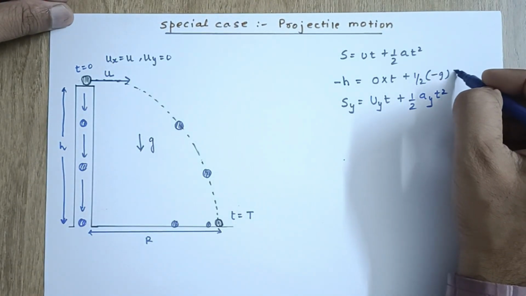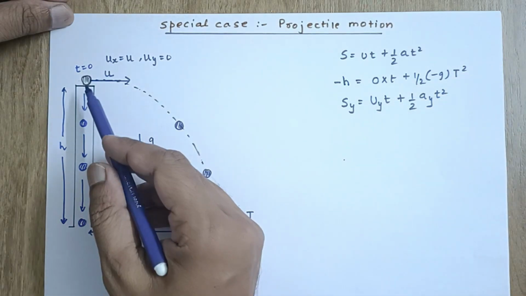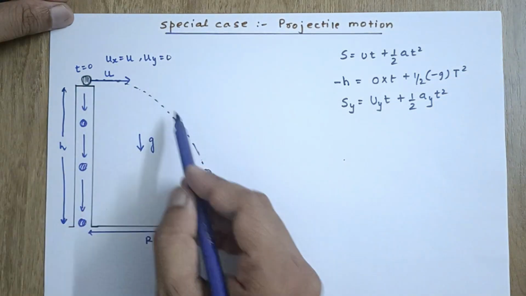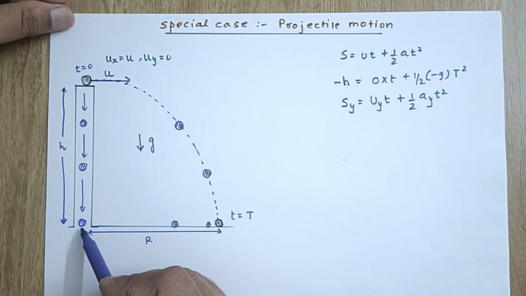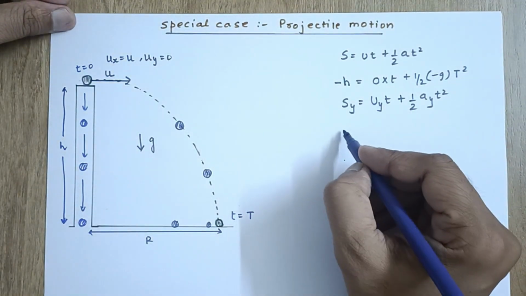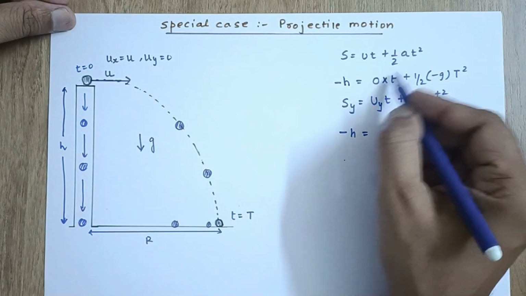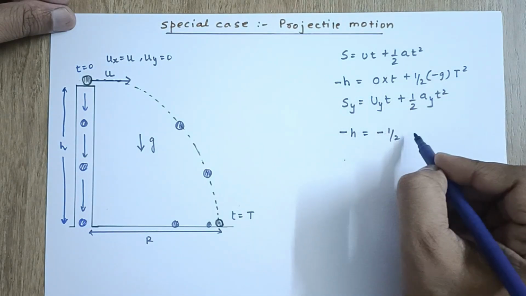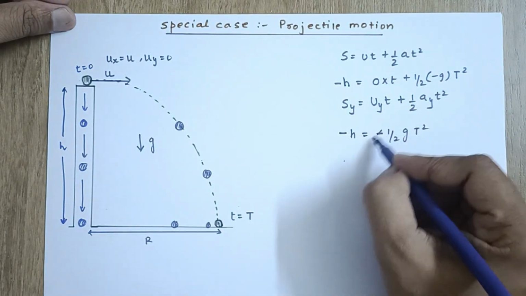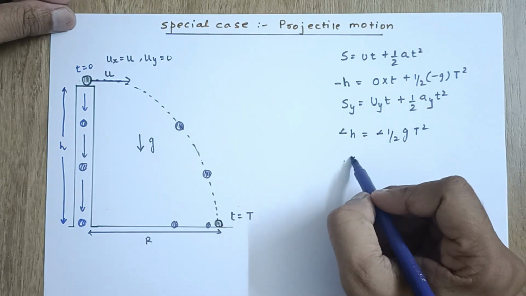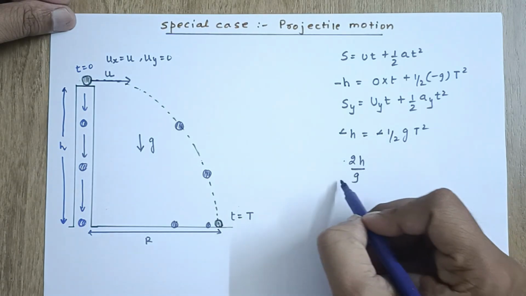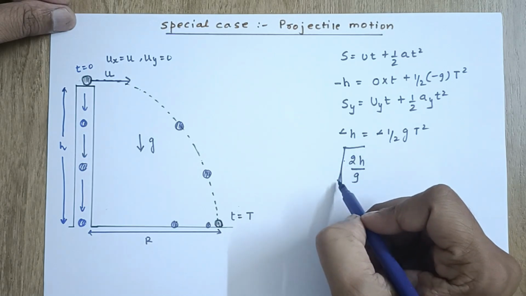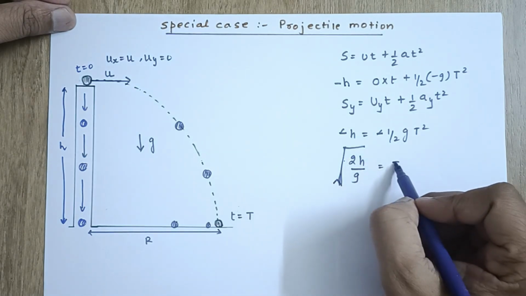And I'm going to substitute time of flight over here because finally the ball reaches here and the shadow reaches here. The time is same for both of them. So I should mention minus h is equal to, this is gone, minus half g t square, minus minus cancels. I must say 2h by g, times root, is the time of flight.